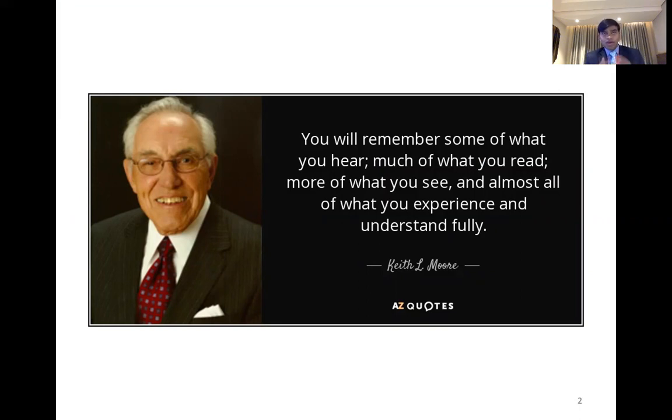So, to understand any anomaly and its correction, it is essential to know the anatomical basis of the same by learning its development. He has written a book on embryology, and the title of the book is Before We Are Born.